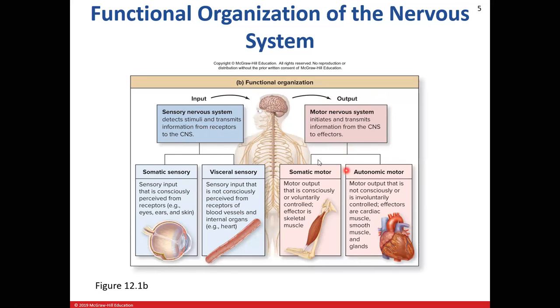With the output system, we have the somatic motor and the autonomic motor. Okay? And again, we will have this autonomic motor system subdivided into sympathetic and parasympathetic divisions. But you can go ahead and just take a look at this, review it, kind of understand the divisions and the functional organization here.